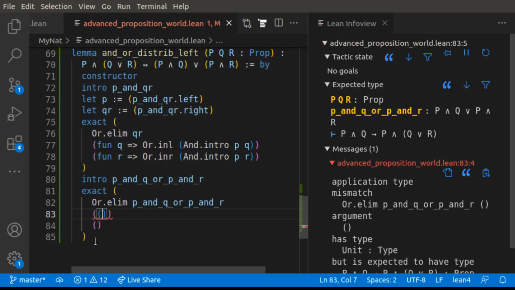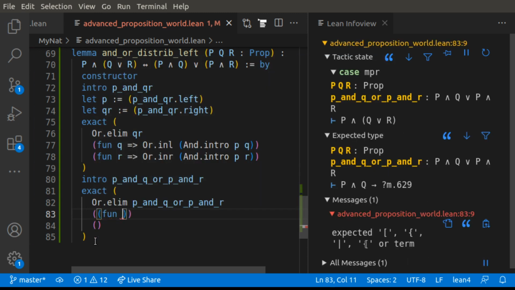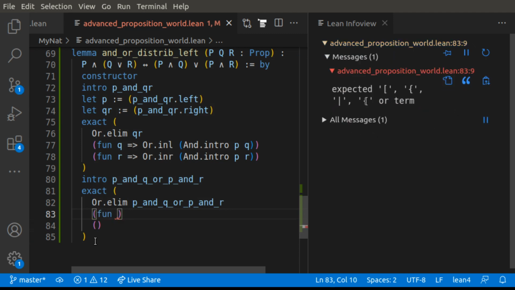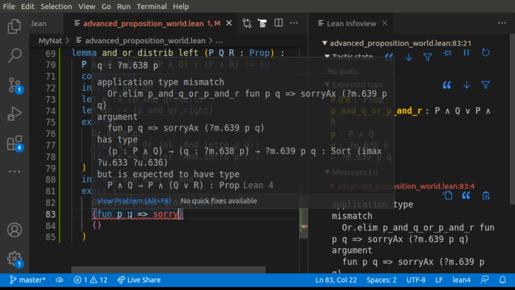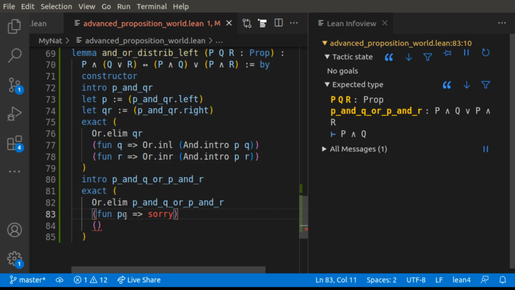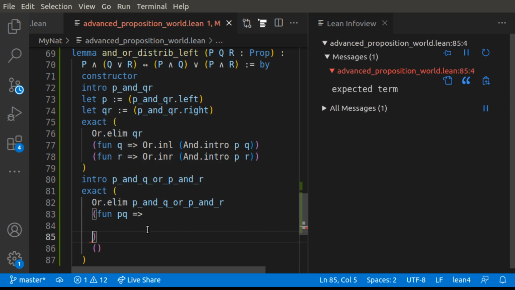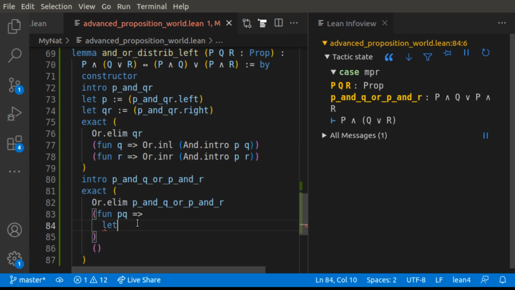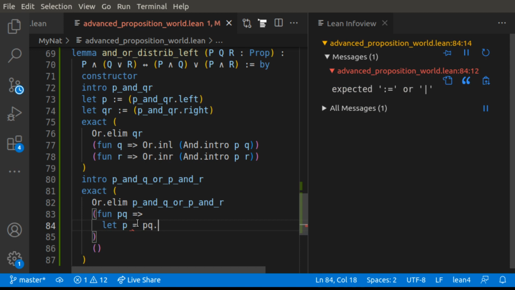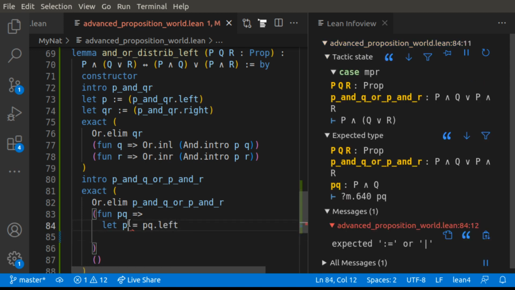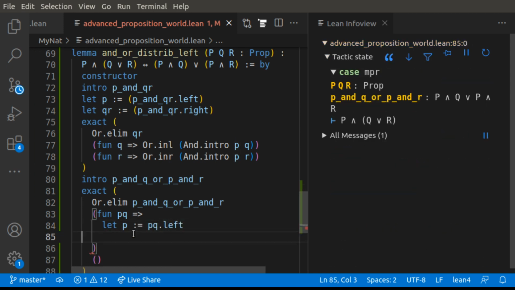Great, great, great. Okay, so here we have fun. Given P Q, is that too many? Okay, P Q. Can we do this? Let P equal P Q dot left. Let Q equal P Q dot right.